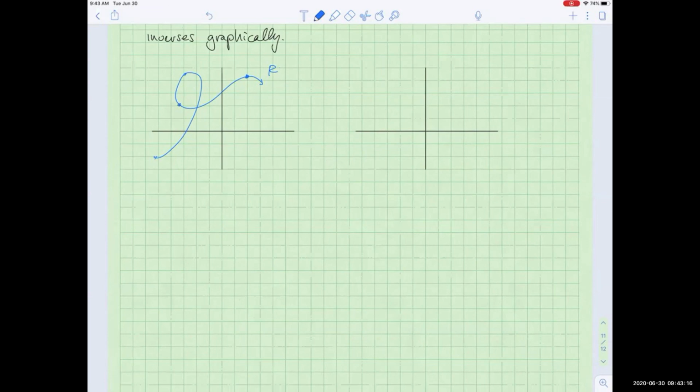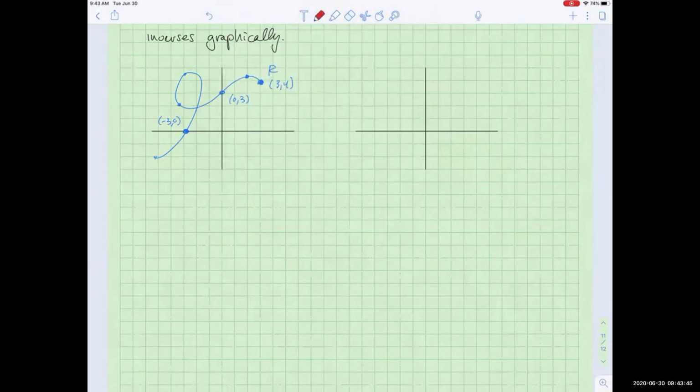Maybe that one is (0, 3), this one is (3, 4), and maybe that one is (-3, 0). We're going to do a role reversal of some of those ordered pairs.